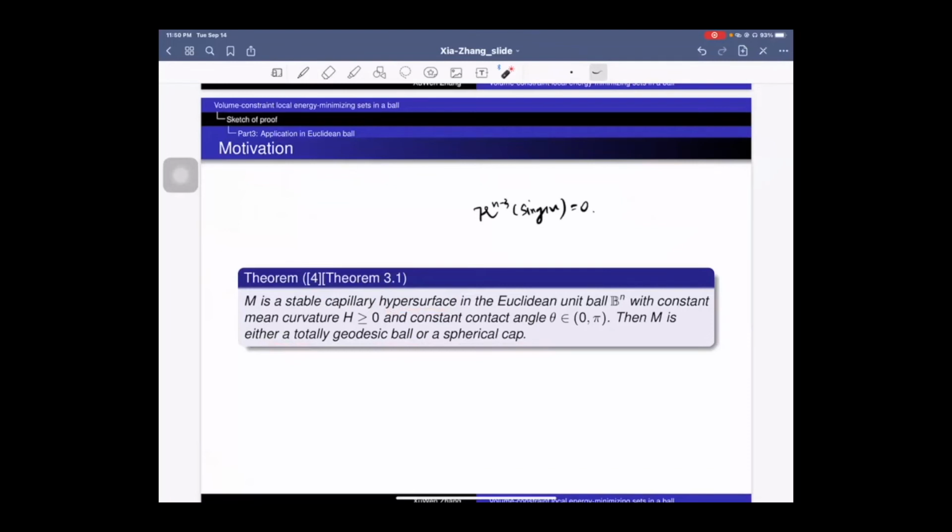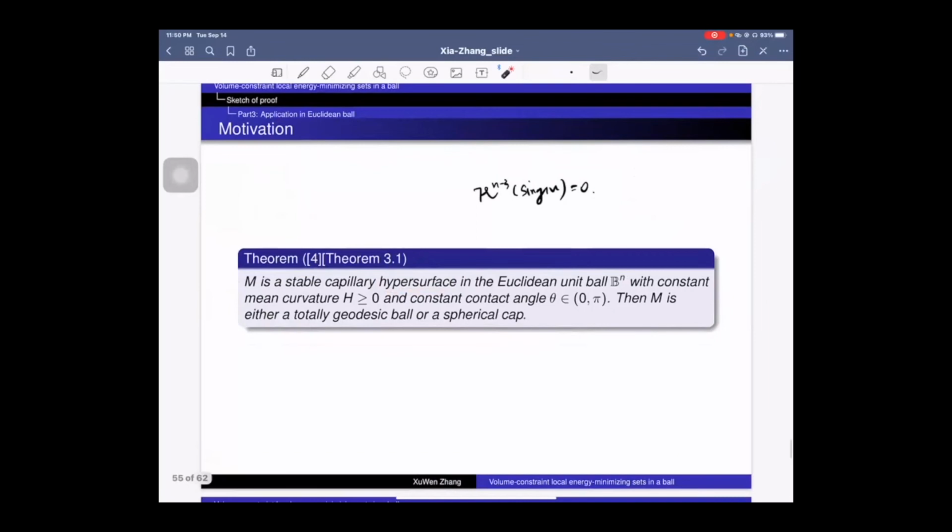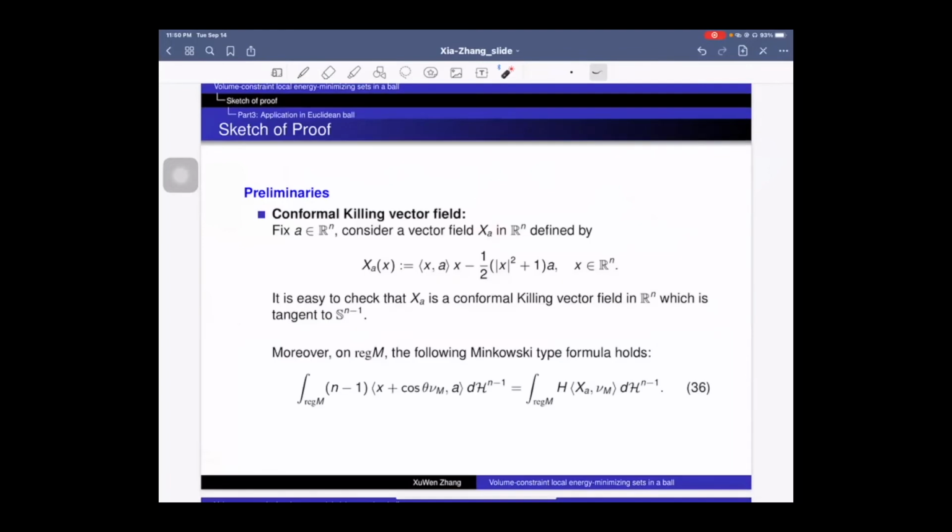And for the singular part, we will rule it out by the stability. First, for the regular part, we consider this conformal Killing vector field. A good point for this vector field is that it is tangent to the unit sphere in Rn.